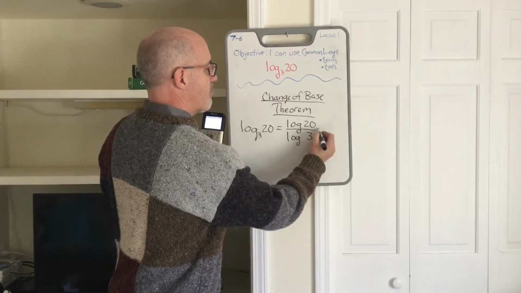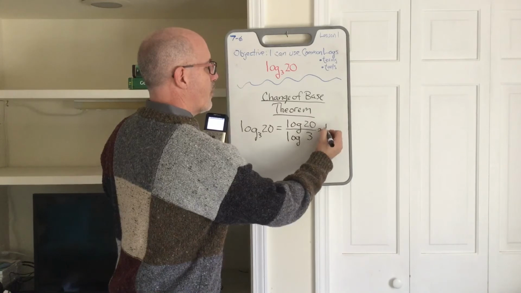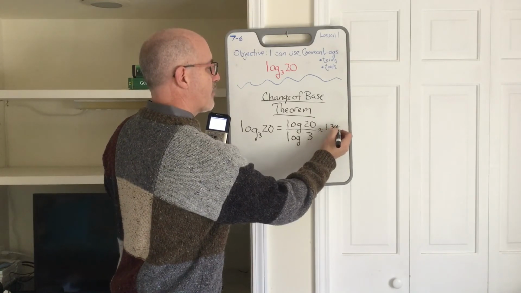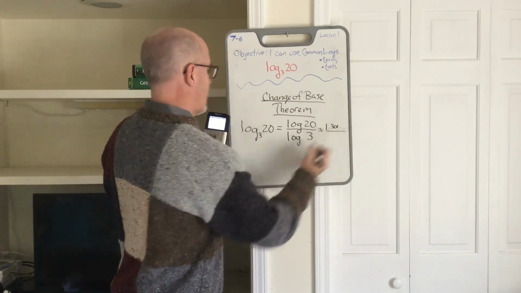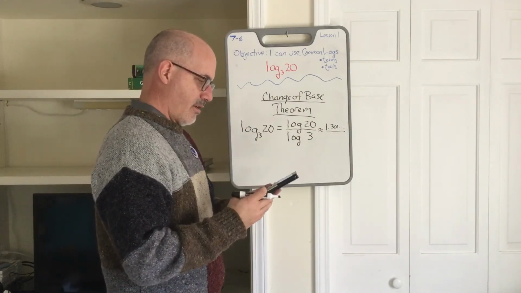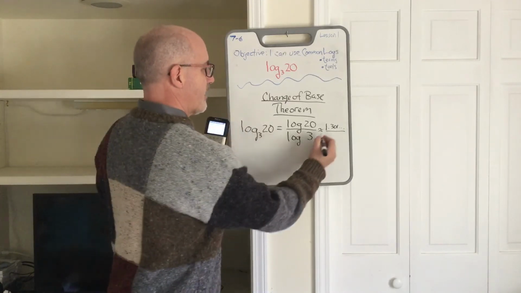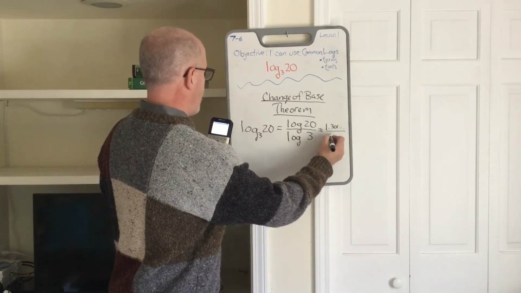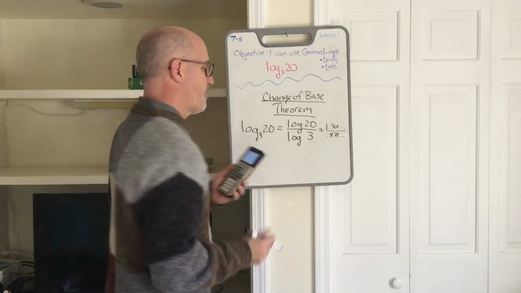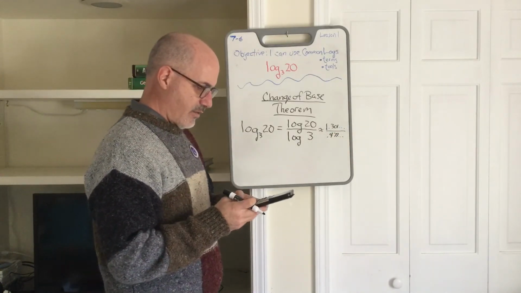That's going to be about 1.301, etc. And then I'll do log of 3 on my calculator, and I get about 0.477, etc.